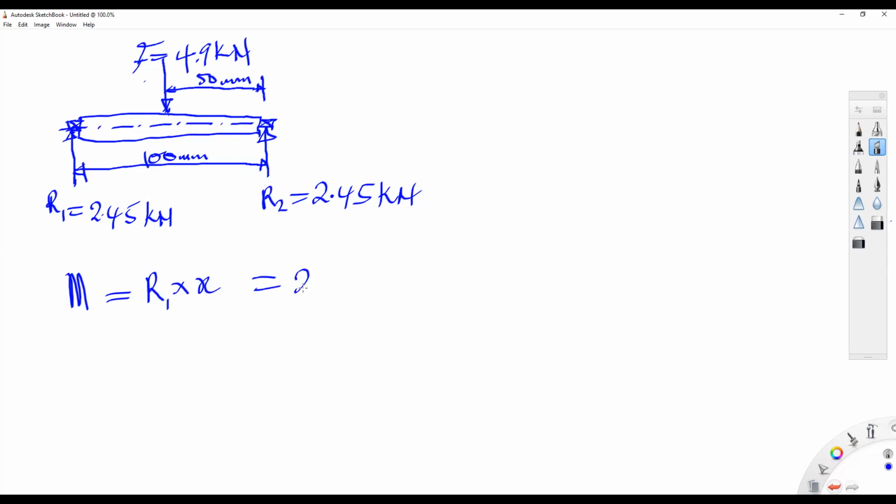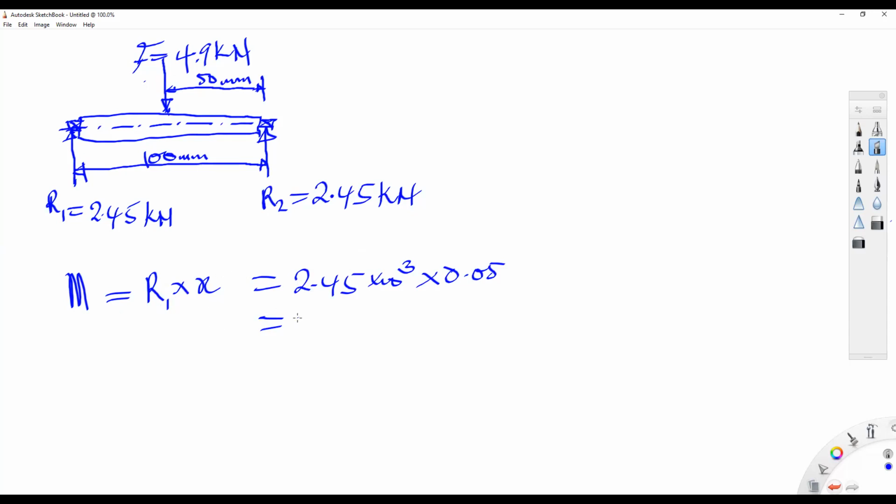So we can say that it's 2.45 times 10 to the exponent 3 times 0.05. And the answer will be what? What's the answer? 122.5.